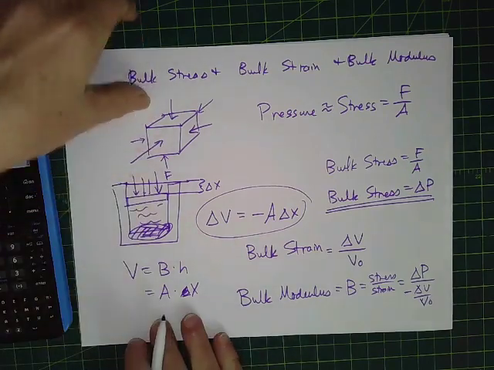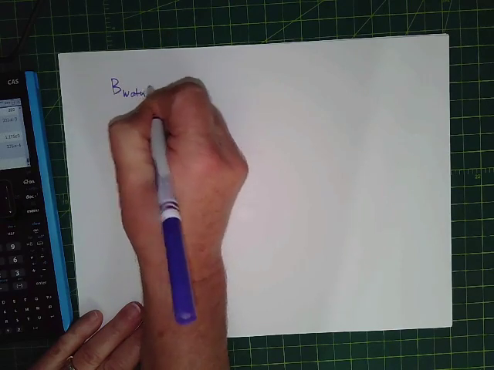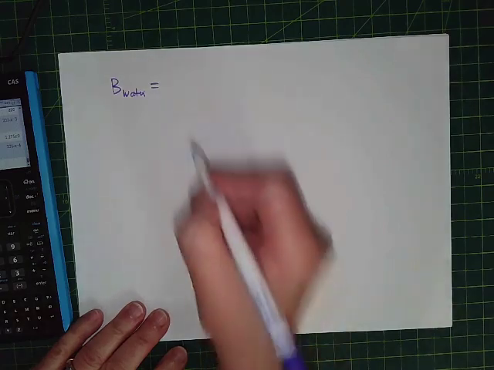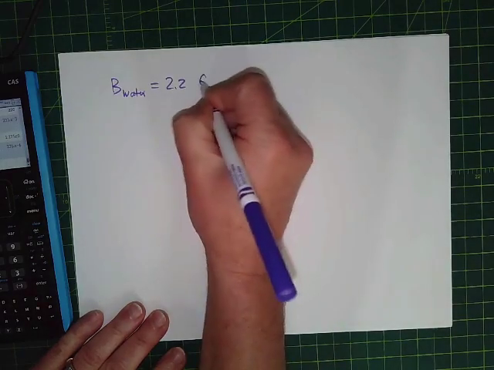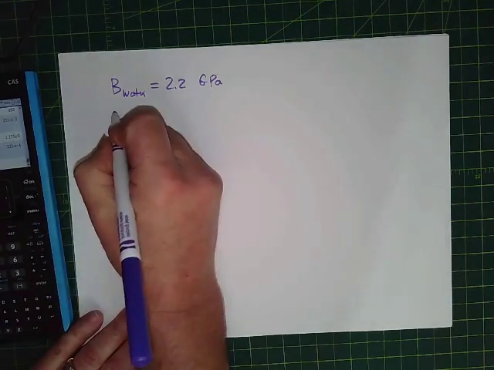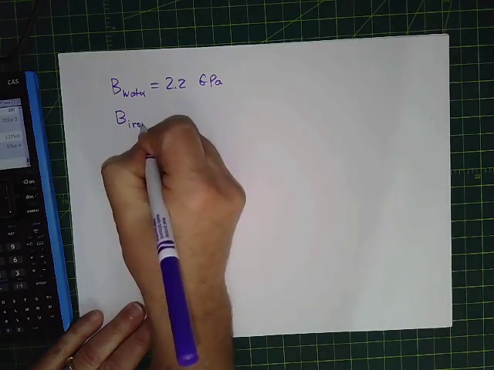Lots of paper here. I should have put this on the equation sheet probably, but the bulk modulus for water, just to get some idea, is 2.2 gigapascals. Water is a fluid, so it is somewhat compressible, not very compressible, but more compressible than something like iron.